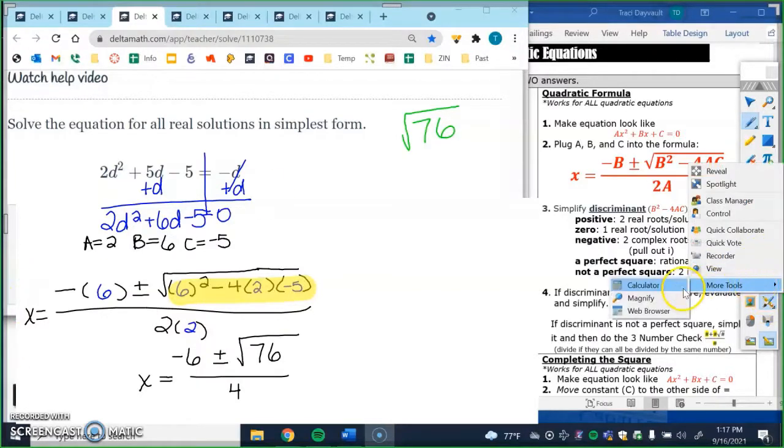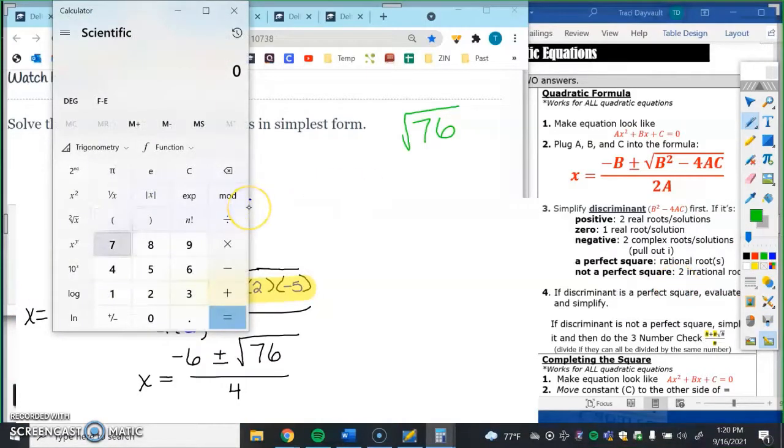So we can look in the calculator if you need to. I could see if 76 can be divided by, what are my perfect squares? 1 squared, 2 squared is 4. I can divide it by 4, sorry. 76 divided by 4 is 19. And I know there's nothing that can go into 19.